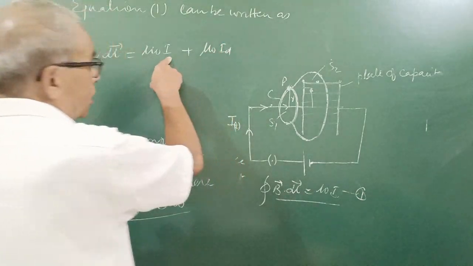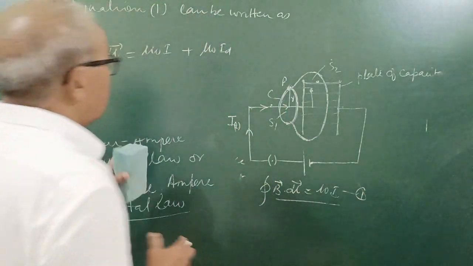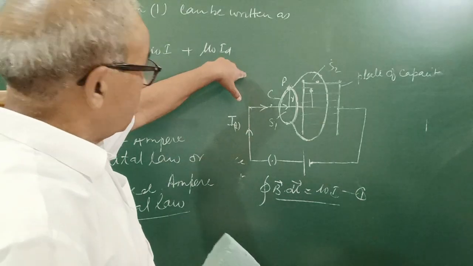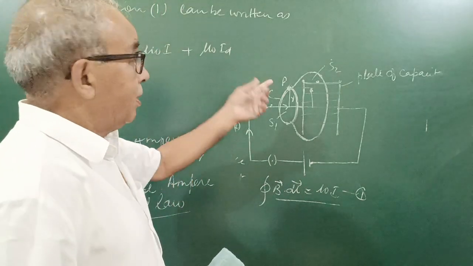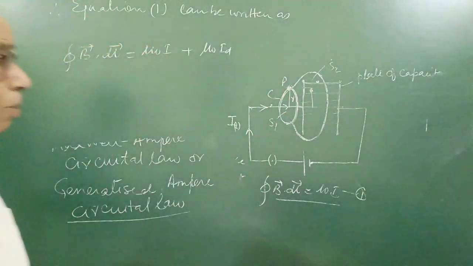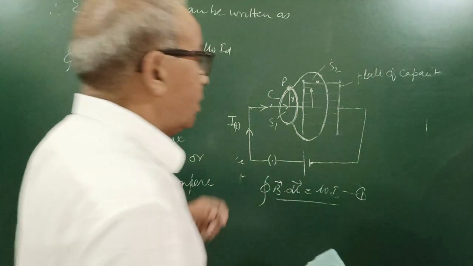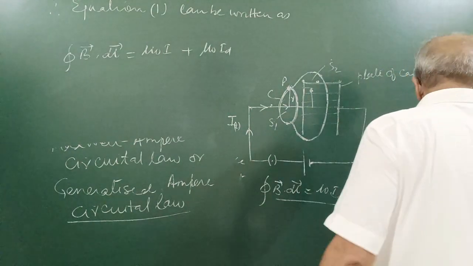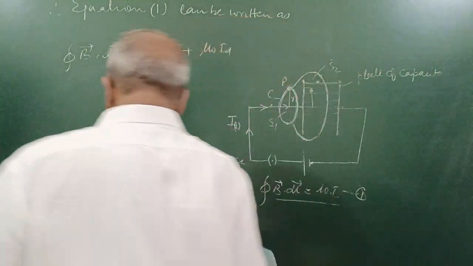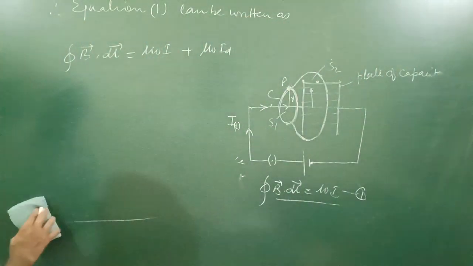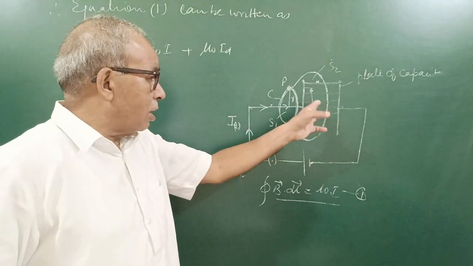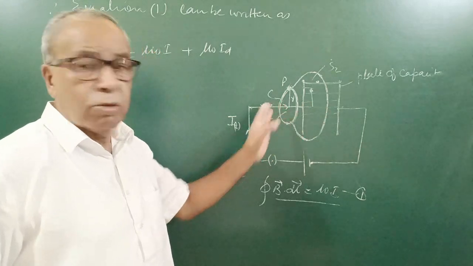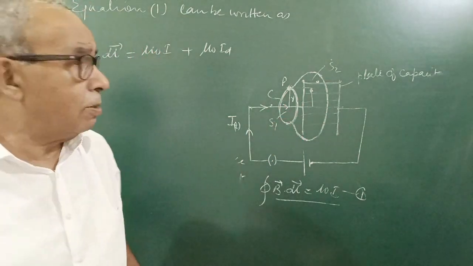But where there is conduction current, there is no displacement current, and where there is displacement current, there is no conduction current. So the equation will be continuous, but the displacement current and conduction current are not continuous; they are discontinuous. Here there will be no conduction, here displacement, so they are discontinuous.